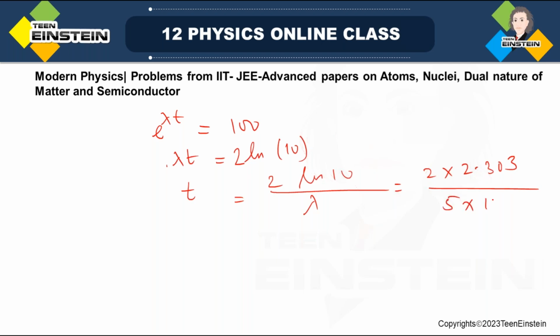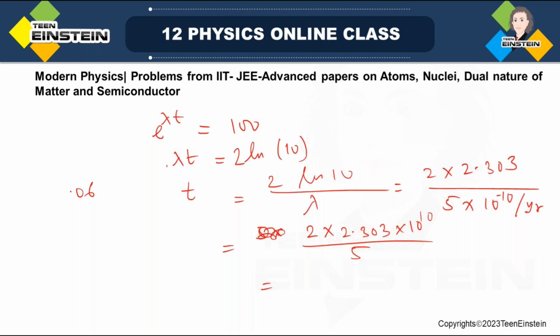Total lambda is 5 into 10 to the power minus 10 per year. So this will be 2 into 2.303 into 10 to the power 10 divided by 5. Okay, so if you do the calculation, how much do you get? Let us just do this.